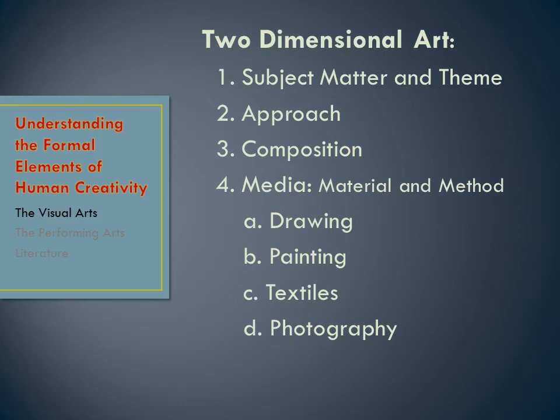So it has more to do with the method of composition, how the artist uses the material, and whether the focus is more on line and shape as opposed to color, which is typically more representative in various types of painting. Painting has more to do with, as I said, color, but also texture.